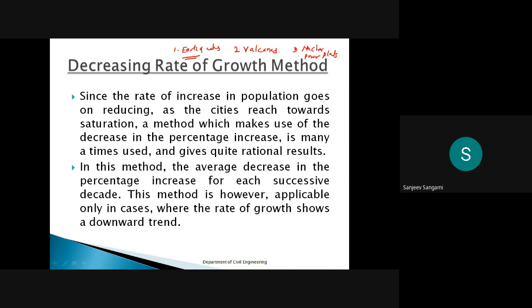But this kind of thing will not happen in Indian conditions, because we are in a much better environment. Especially the Karnataka people are very lucky compared to North India. North India always has extreme conditions. So the rate of increase in the population goes on reducing as the cities reach towards saturation.